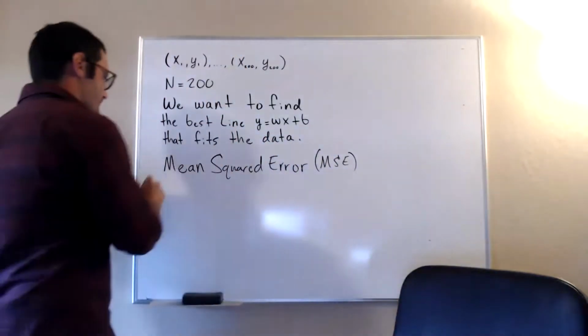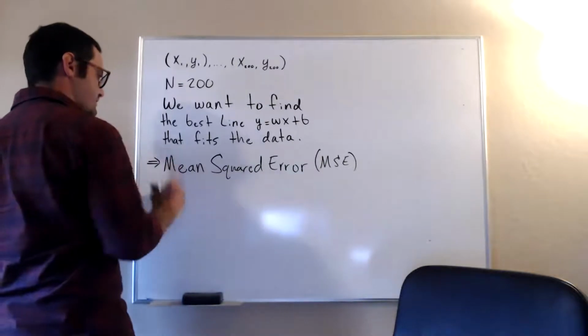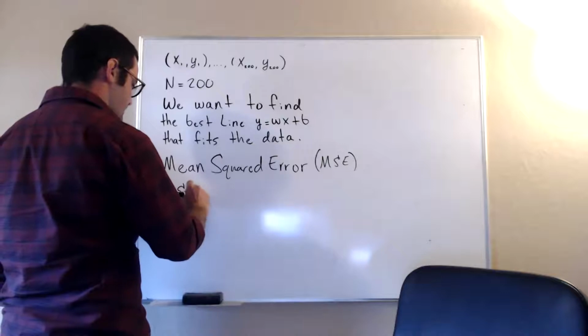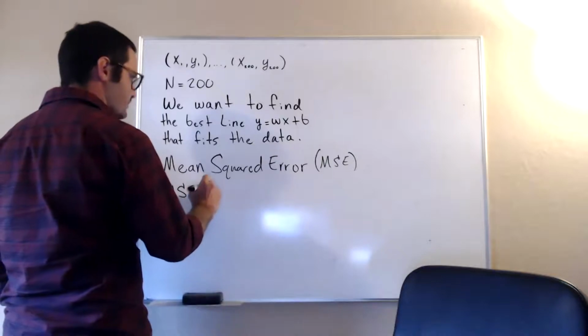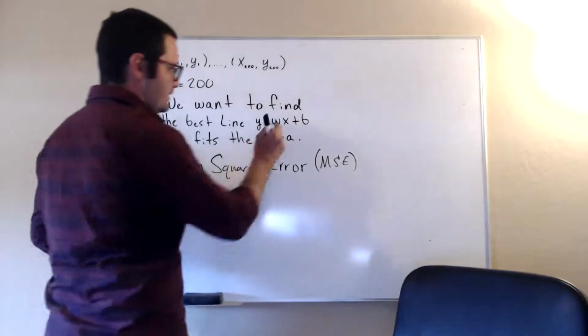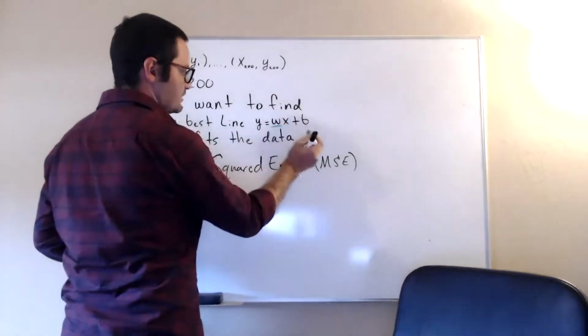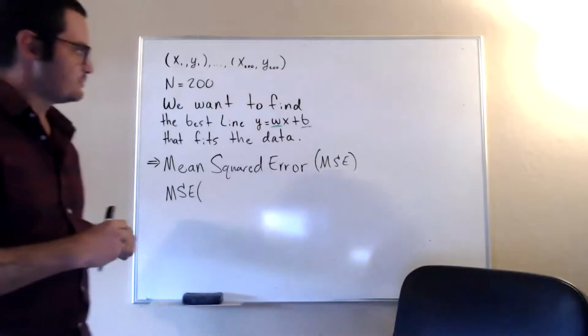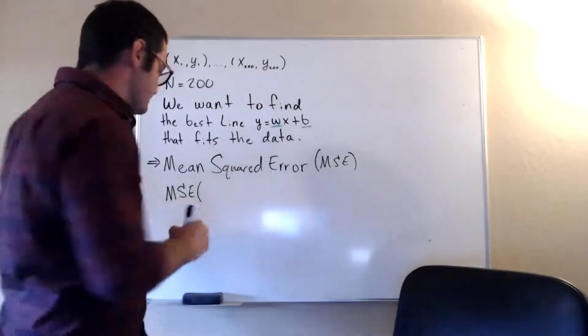Okay, so we're going to use this. And what does it look like? So the mean squared error, in this case, we have a slope and an intercept that we need to find. We don't know the slope and intercept ahead of time, but we need to find it.